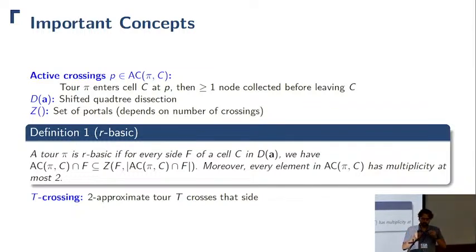The portals depend not simply on the level of the quadtree, but also on the number of crossings, and we have additional crossings due to some extra things that we compute.